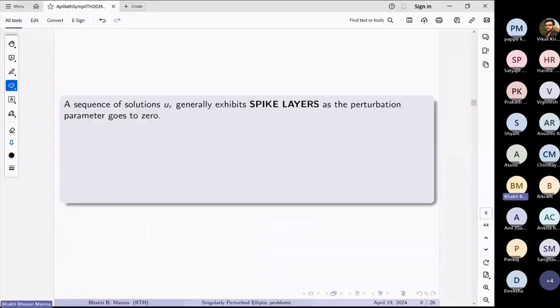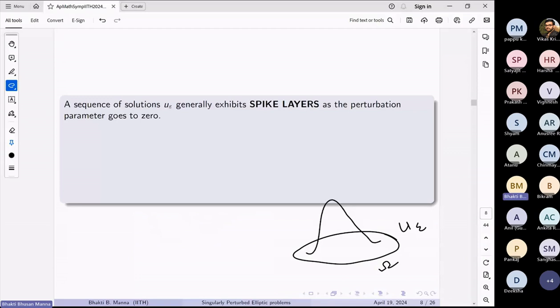Numerically, when people studied this, they saw that the solution gives us spike layers. So what exactly is a spike layer? Suppose I'm in dimension 2, and this is my domain omega, and here I have a solution u epsilon that looks something like this.